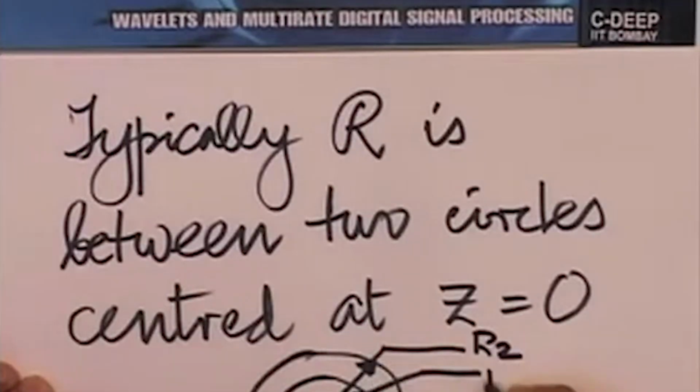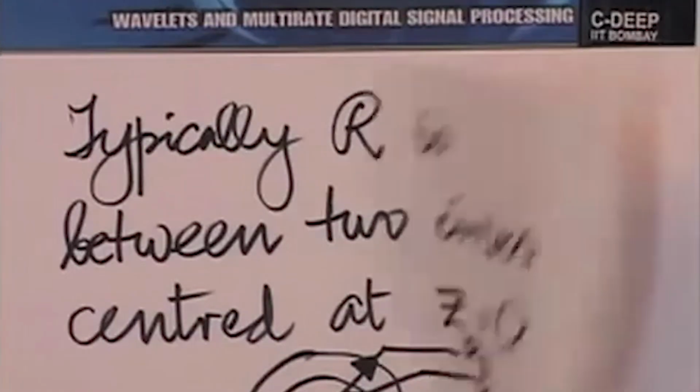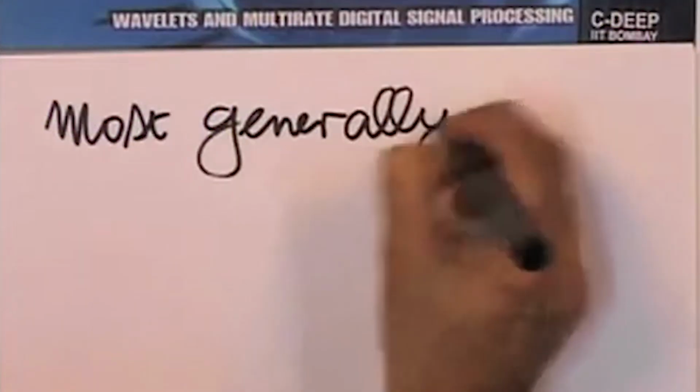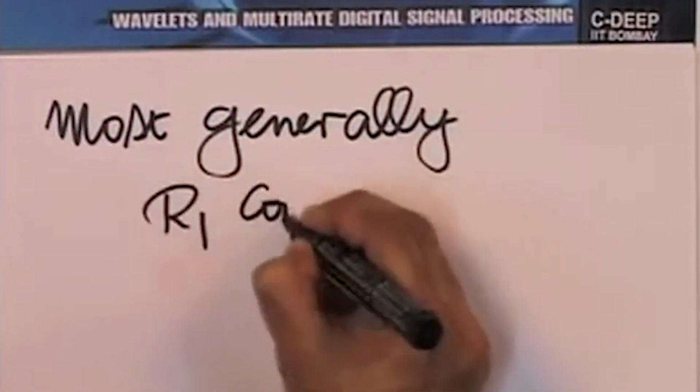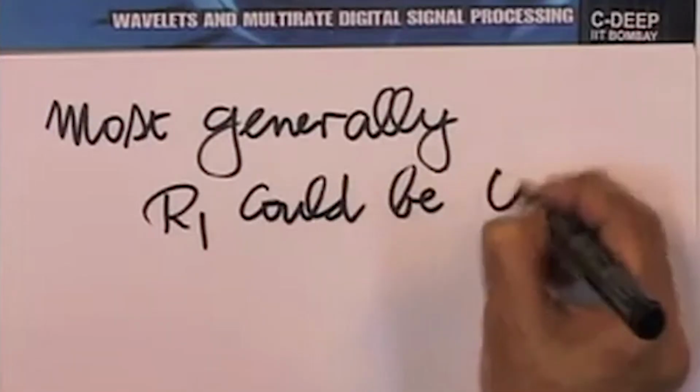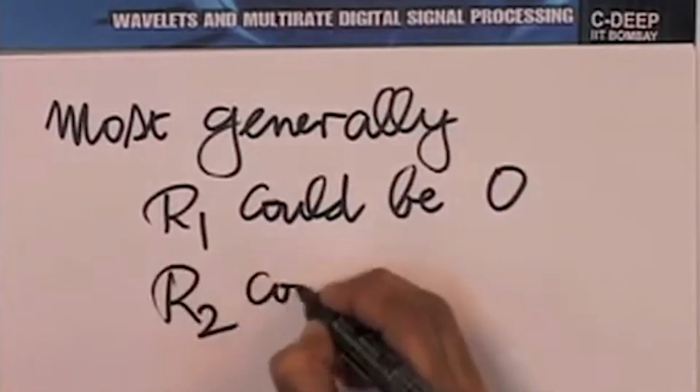So, you have R2 and R1. Here the radius is R1 and here the radius is R2. Now, it could be true that R2 might be infinity or R1 might be 0. So, we have to allow these possibilities. Most generally, R1 could be 0, R2 could be infinity.